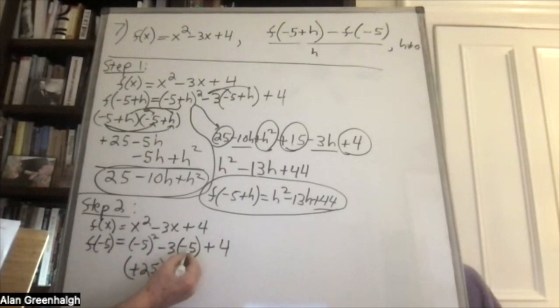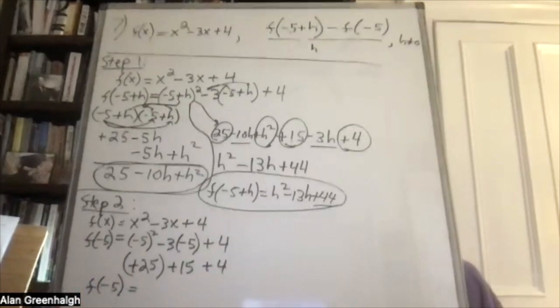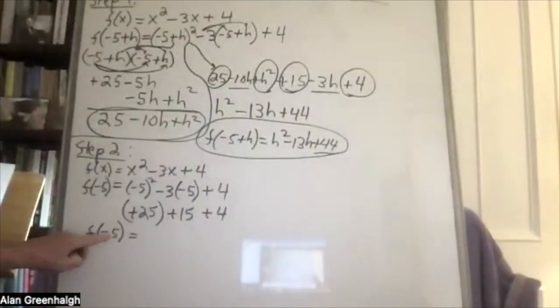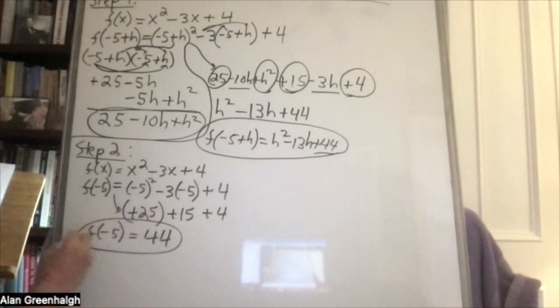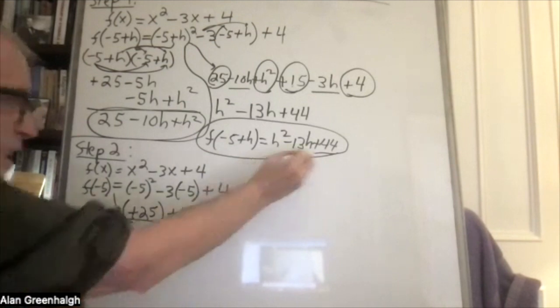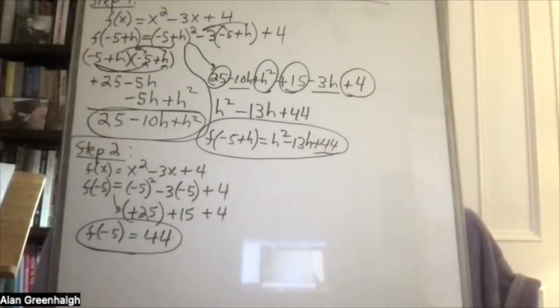Negative 3 times negative 5, positive 15, and positive 4. And f of negative 5 equals 44. Remember I said that this is no coincidence? This is the way it's supposed to be.